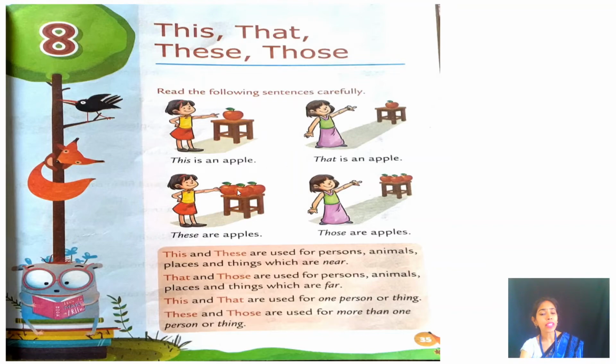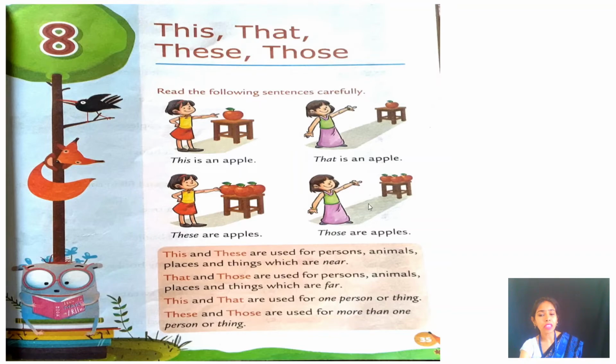But when the apples are near, but it is more than one apple, that is 1, 2 and 3. See, there are 3 apples. So then now what the girl is going to say? These are apples, right? What the girl will say? These are apples.